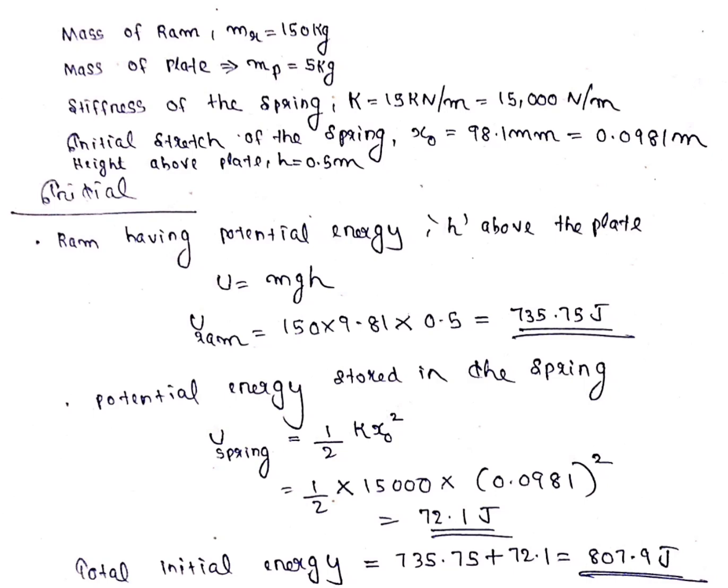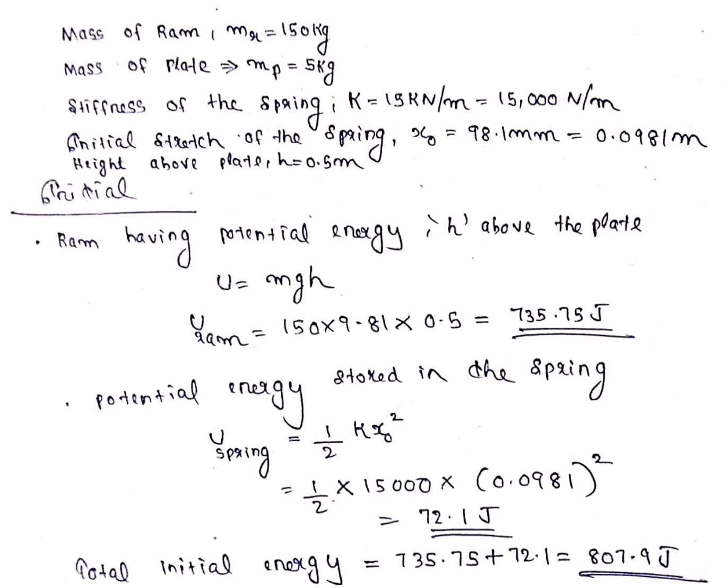So why am I considering 0.5 meter, not 1 meter? Because the potential energy stored just because of the height of 0.5 meter is what causes the collision. Only that much potential energy is converted when it collides with the plate. So I cannot take 1 meter, I need to take 0.5 meter, because the potential energy at that 0.5 meter height is converted into the spring energy after colliding with the plate.